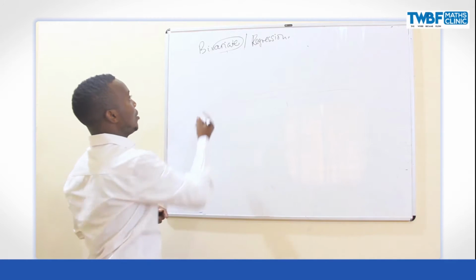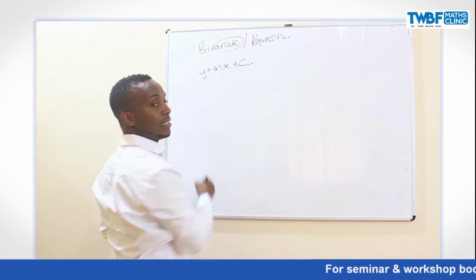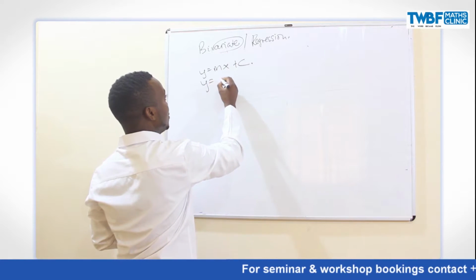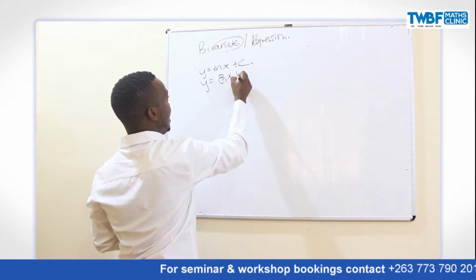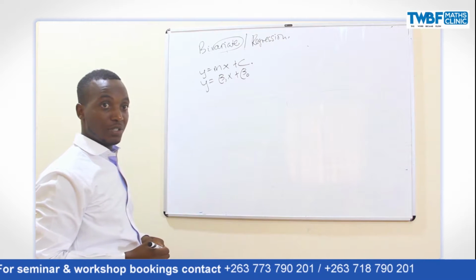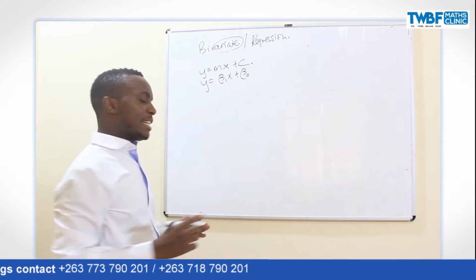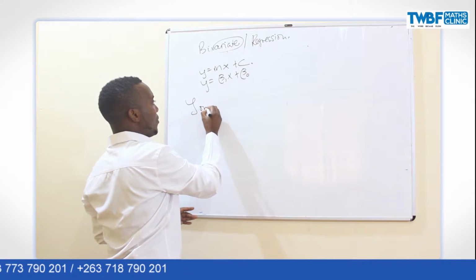Now we said y equals mx plus c, y equals beta 1x plus beta naught. Can you see that? Yes. A regression equation can be said to be y on x.